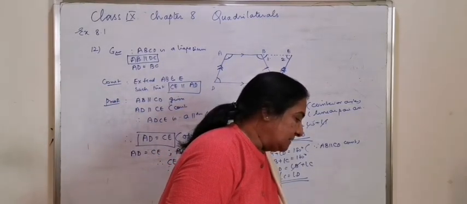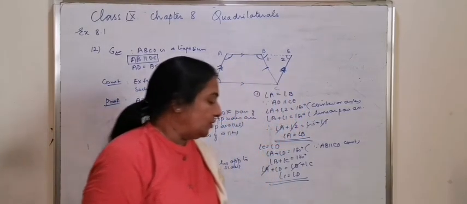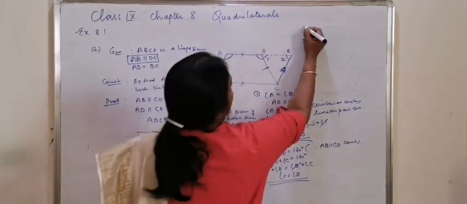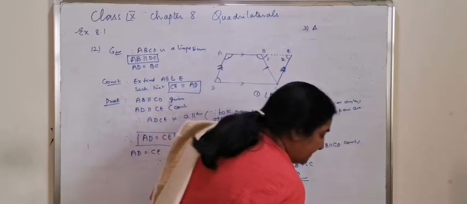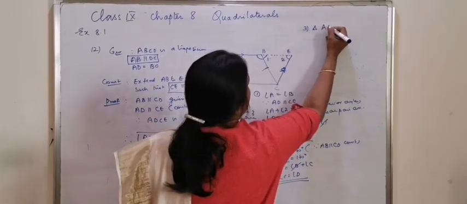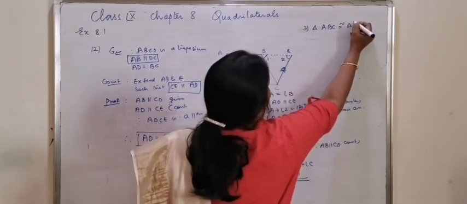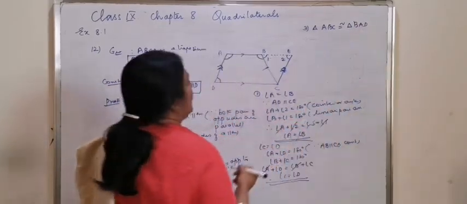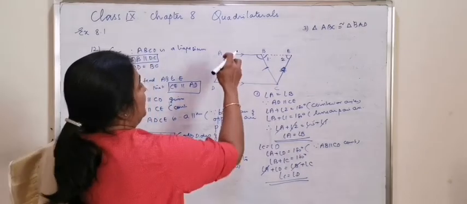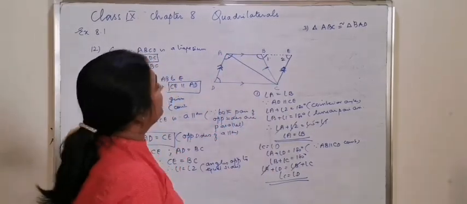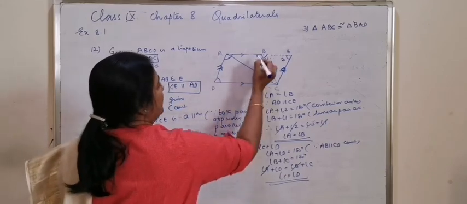The third part is triangle ABC congruent to triangle BAD. Let's join triangle ABC and triangle BAD.